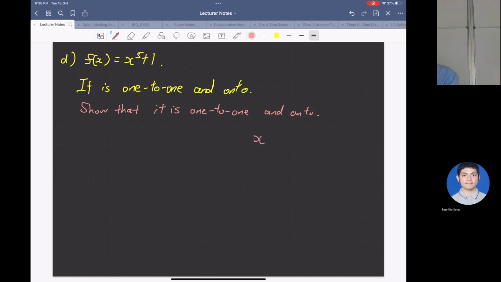So I think x is just the fifth root of y minus 1. But 1-to-1, like what I said, is hard. So one technique is to use that this is a strictly increasing function. Show that this is a strictly increasing function. So f is strictly increasing.